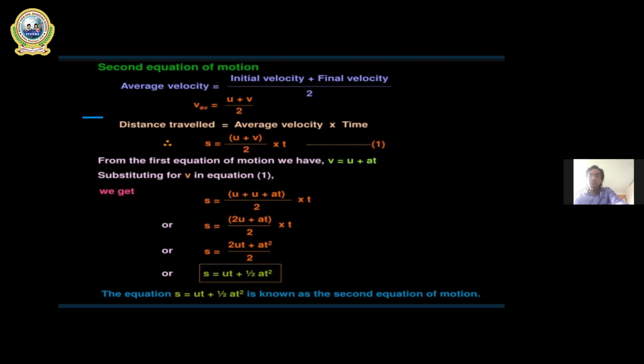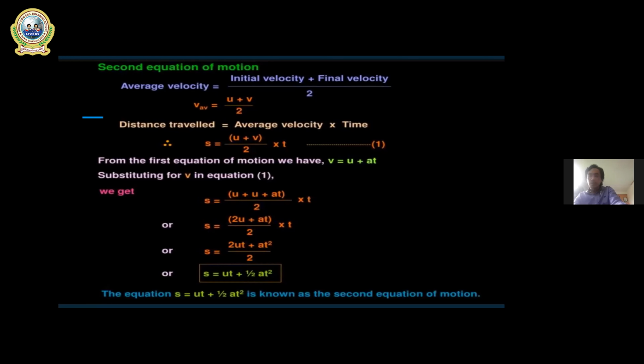Okay, let's start from the definition of average velocity, to prove s equals ut plus half at square. By the definition, average velocity equals initial velocity plus final velocity whole upon 2, because there are only two velocities.